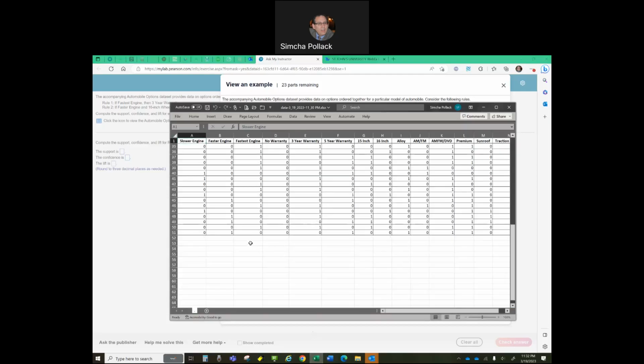The first rule is fastest engine and 3-year warranty, fastest engine is column C, 3-year warranty is column E. We want to calculate the support for rule 1. So let's see what the book tells us to do.